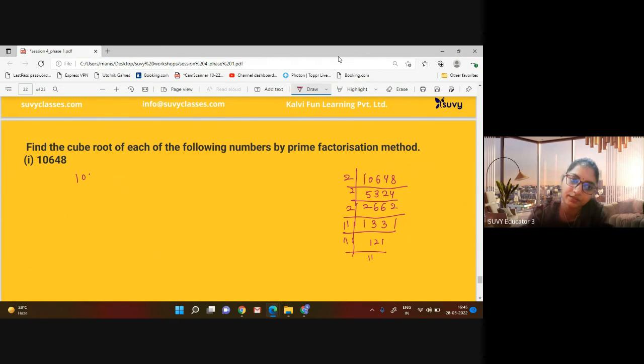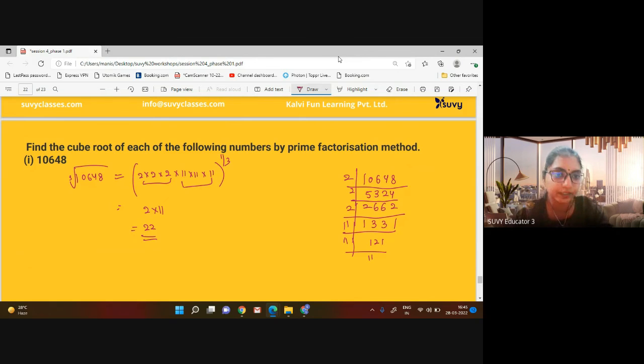It means 10648 is equal to 2 into 2 into 2 into 11 into 11 into 11. So let's make triplets, because we have to find its cube root, right? So it will become 2 into 11, which is 22. The answer to this question is 22.